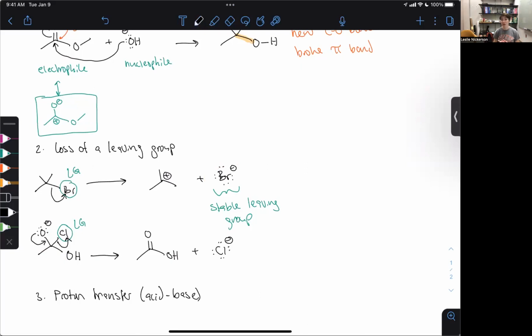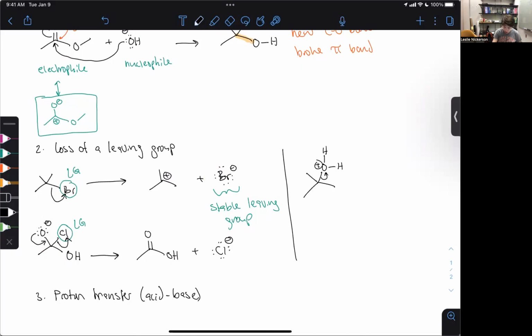Oftentimes you'll also see stuff like water be a leaving group. So if you have something that's protonated, let's do one other example here. If we have something like this, that is going to be a good leaving group because water is a very stable molecule, right?